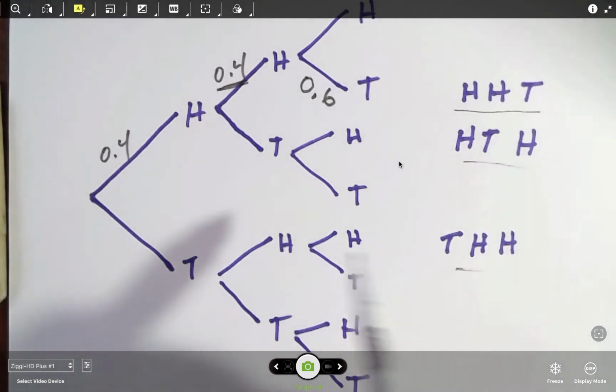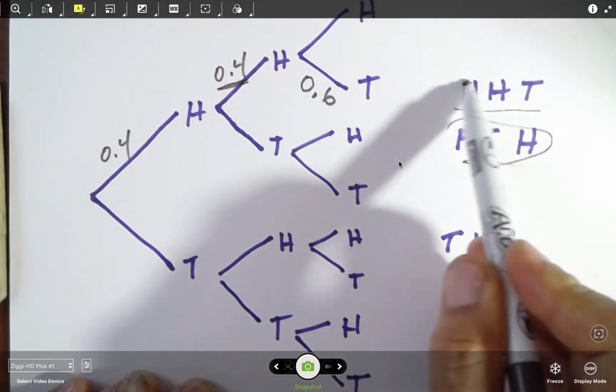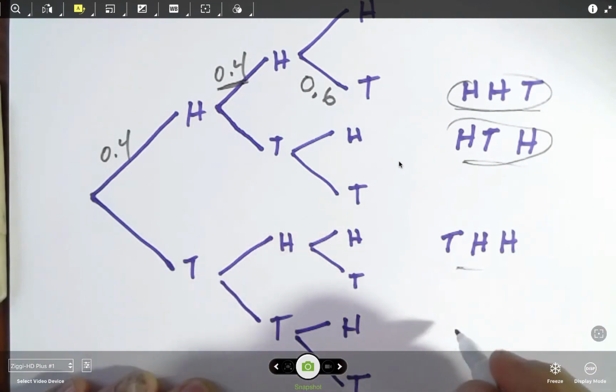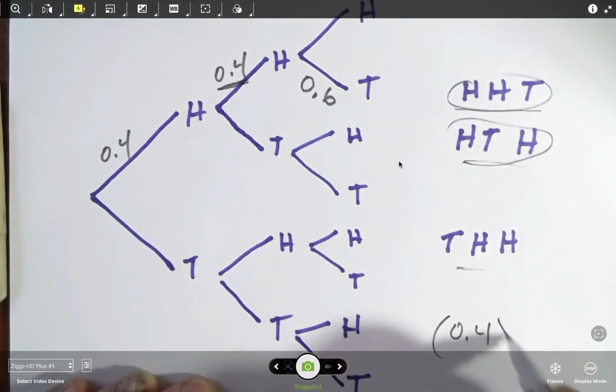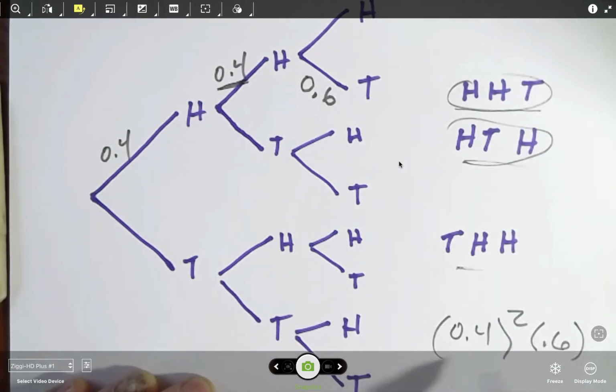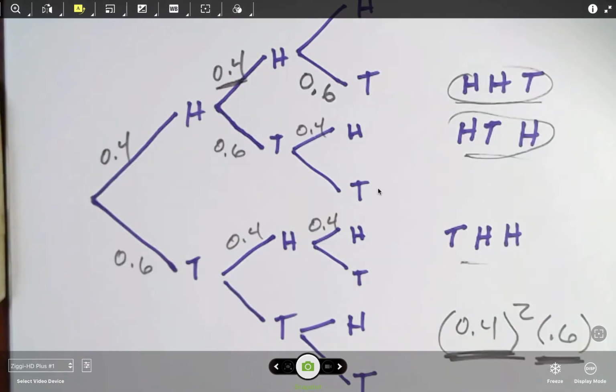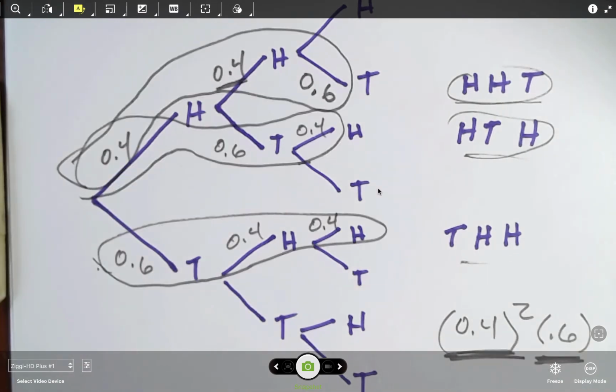So you can see that each of these outcomes is going to have the same 0.4 squared times 0.6 for the 2 heads and the 1 tails. So each of these 3 outcomes is going to have the same probability, 0.4 squared times 0.6.